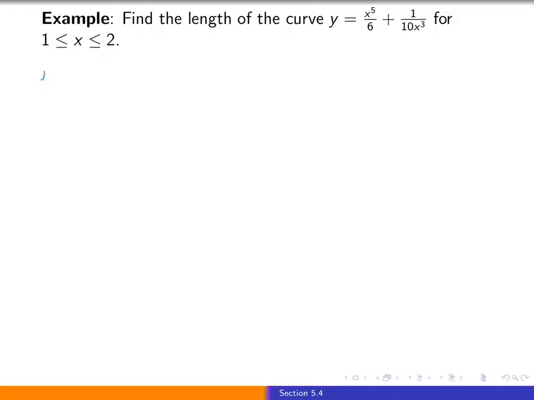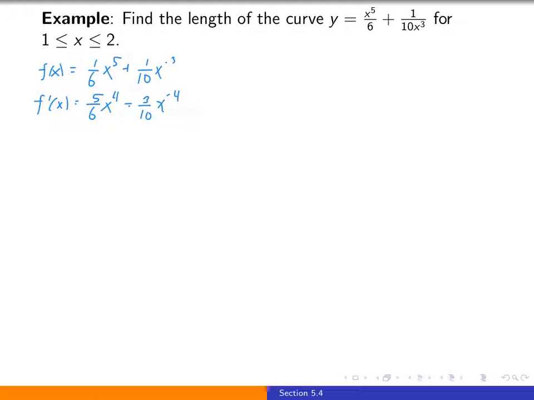So we have our function f of x is 1/6 x to the fifth plus 1/10 x to the minus 3. So f prime x is going to be 5/6 x to the fourth minus 3/10 x to the minus 4.